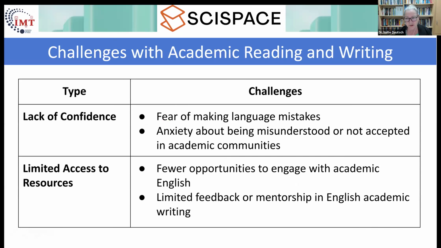When we are under pressure, all of us, or if we are non-native speakers of the specific language, in this case English, we make mistakes. So maybe it's better to just copy and paste and avoid making mistakes, right? That's what comes up often. We also worry about being misunderstood. Our research is not going to be understood, and it's not going to be accepted.